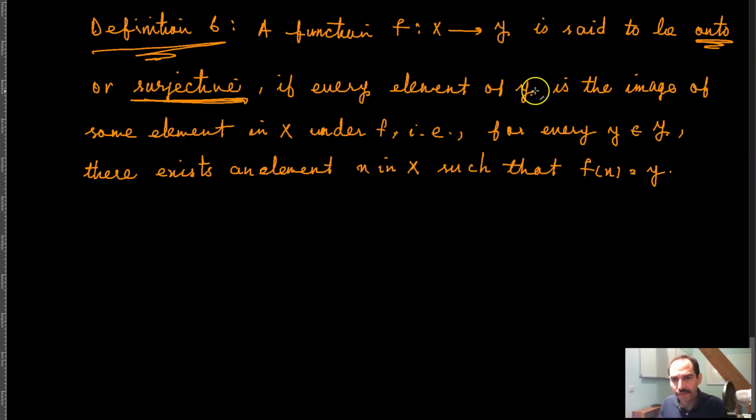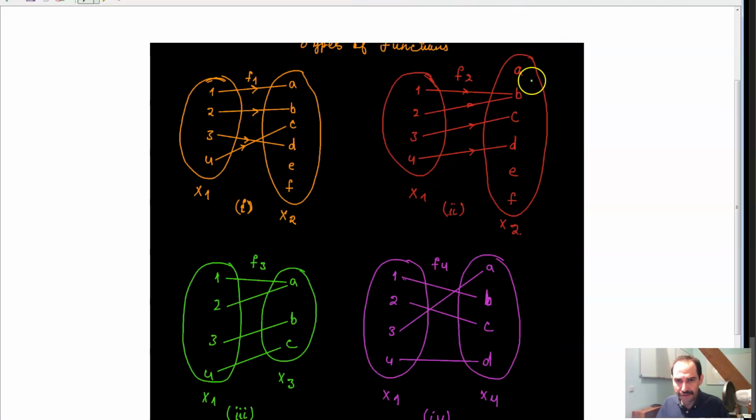If every element of Y is the image of some element of X under f, that simply means that every element of Y has been covered under that function. For example, as you can see here, every element of X3 has been covered. No element of X3 is empty here.